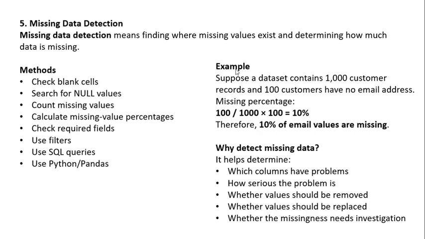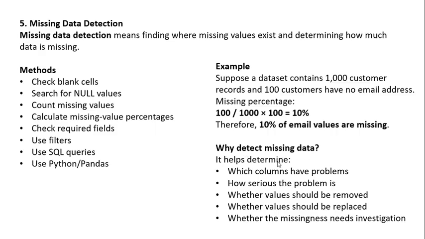For example, suppose the data set contains a thousand customer records, and 100 customers have no email address. To find the missing percentage, 100 is divided by 1000 and multiplied by 100, which equals 10%. Therefore 10% of the email values are missing. Why detect missing data?